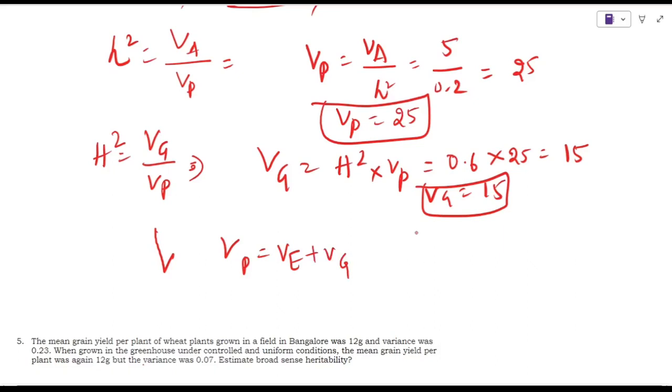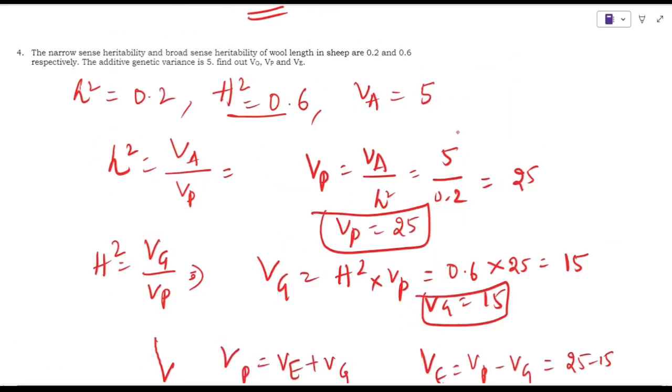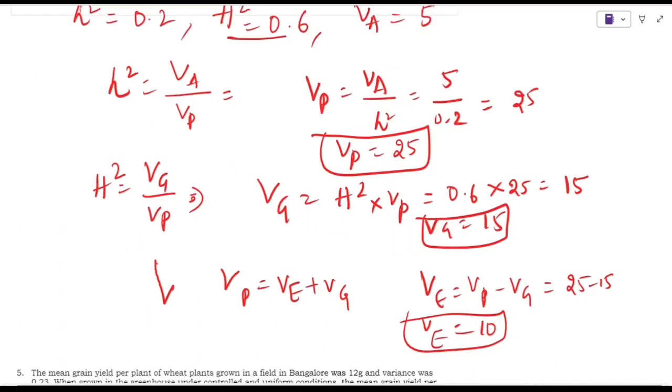So Ve is equal to Vp minus Vg. Then the value is 25 minus 15, that is equal to 10. Ve is equal to 10. So Vp, Vg, and Ve are calculated. Understand? That's the answer for that.